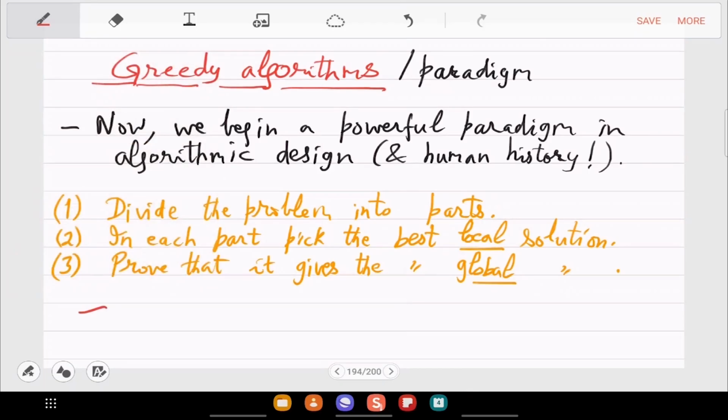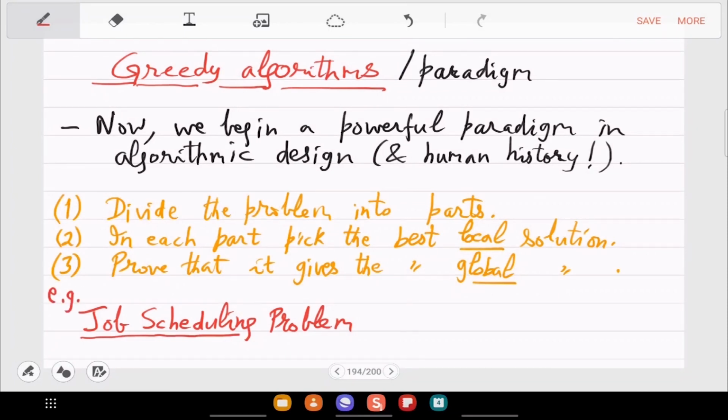The problem of job scheduling. As the name suggests, you are given jobs which are to be done batch-wise on a server, on a machine.